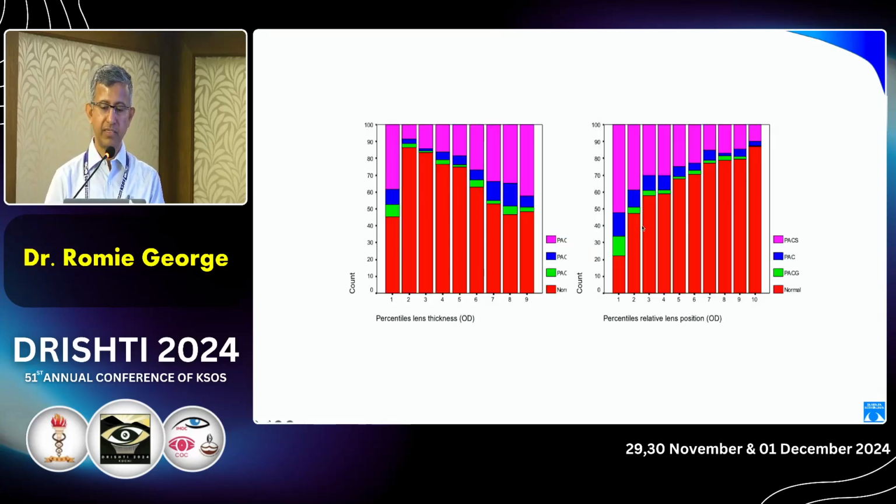Once you factor that in, you again see the same sort of picture, that the eyes with the most anterior relative lens position were most likely to have angle closure, as compared to eyes with the most posterior lens position. So what this tells you is that the lens does play a role, but it is not a consistent role. The role of the lens is dependent on the size of the eyeball and the crowding of the anterior segment. So knocking off the lens in everybody just doesn't make any sense, because this is the way it looks.